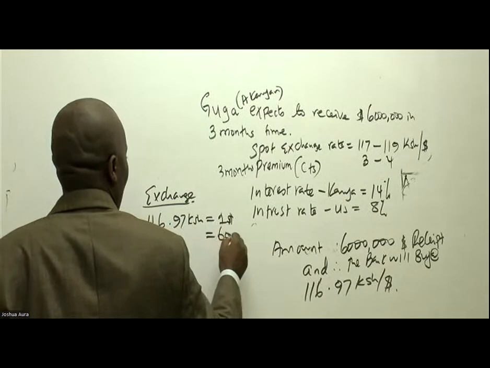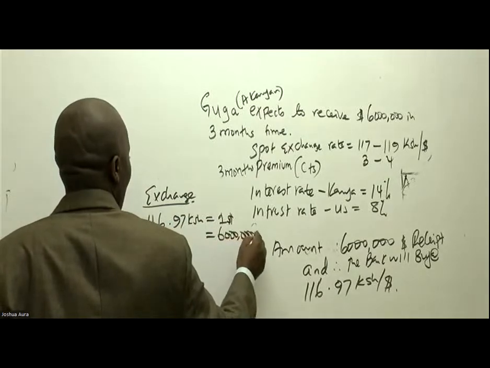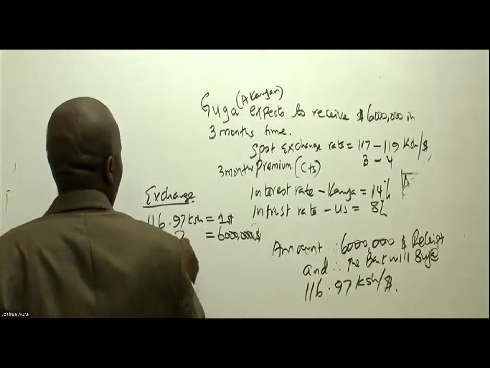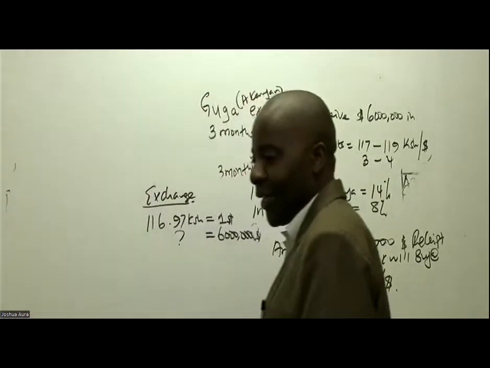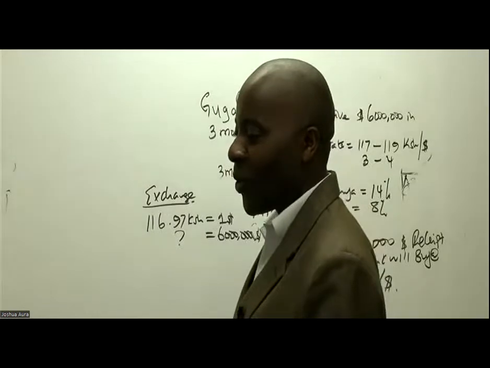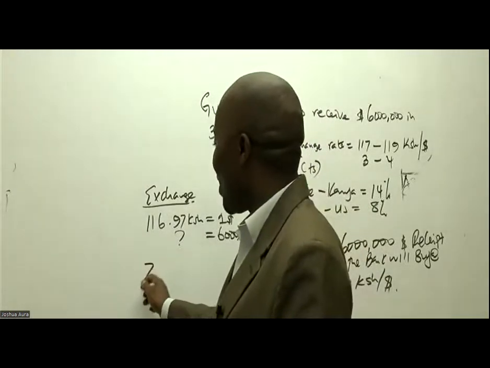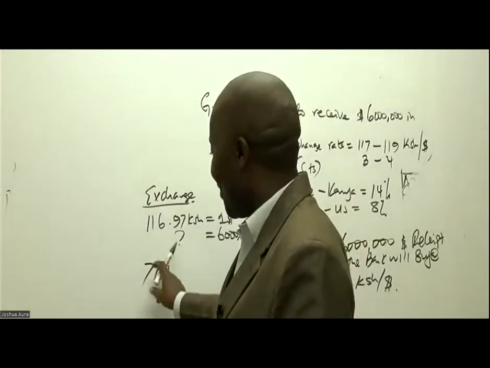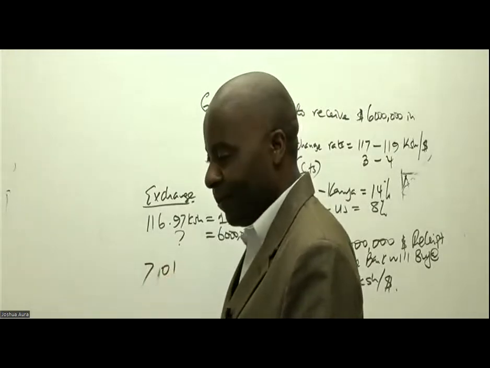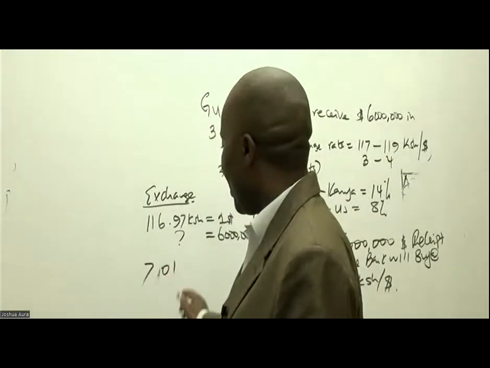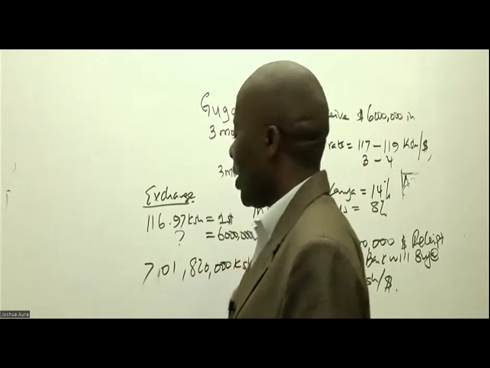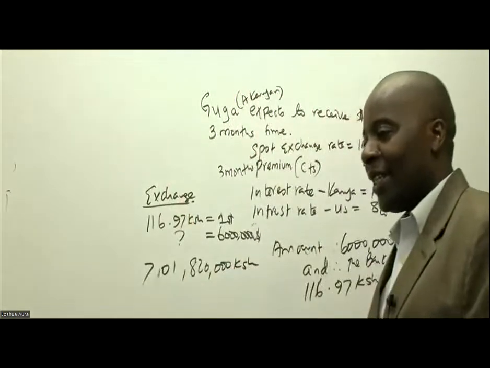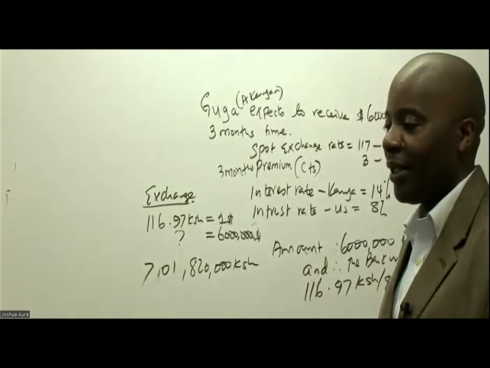How about 6 million US dollars? Please cross multiply and see whether these men never got it correct. It is supposed to be 701,820,000 Kenya shillings. Please underline that.